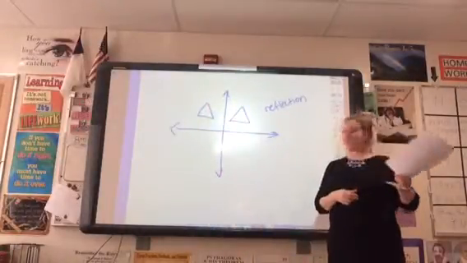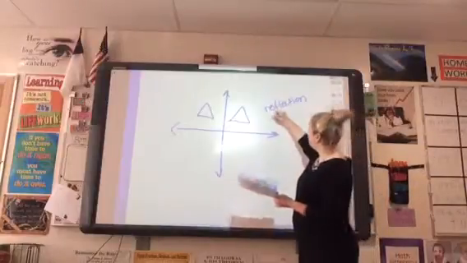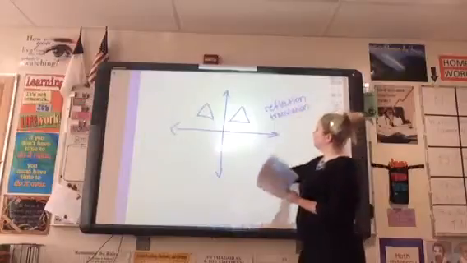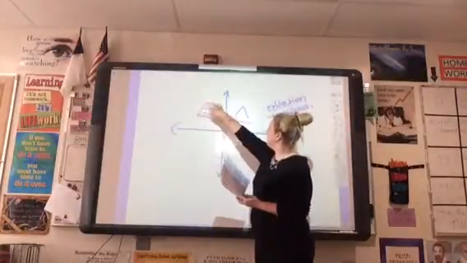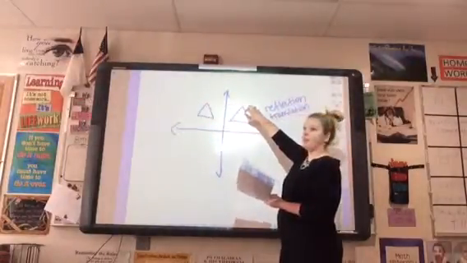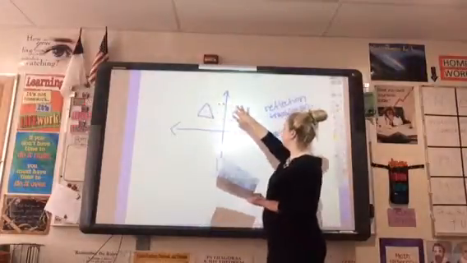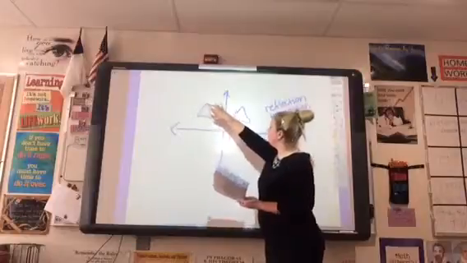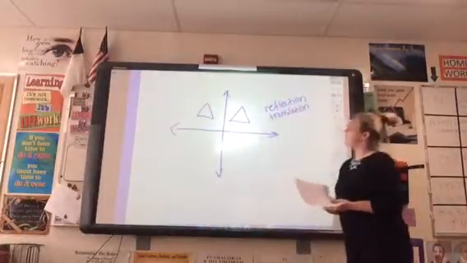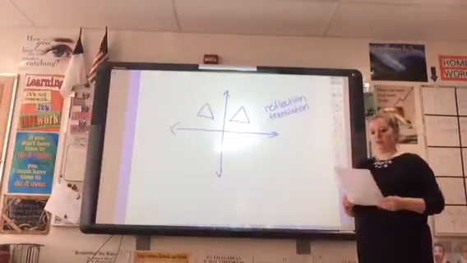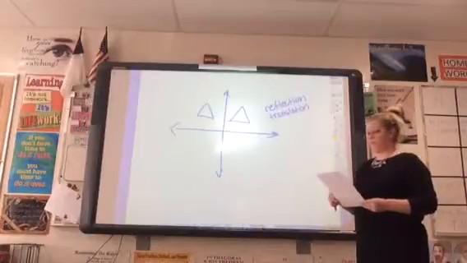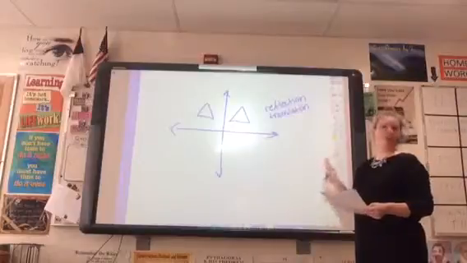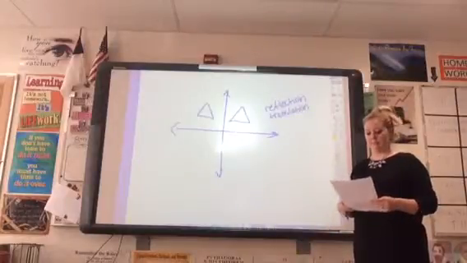But then a translation, as he said, it could also be a translation because it's a slide. If we slide the figure over without changing it, just slide it to the left or the right or up or down, it's just moving it here. So it could also be a translation. So it actually can be either one, or both. If it's more than one on the quiz, you want to list all that's possible, okay?